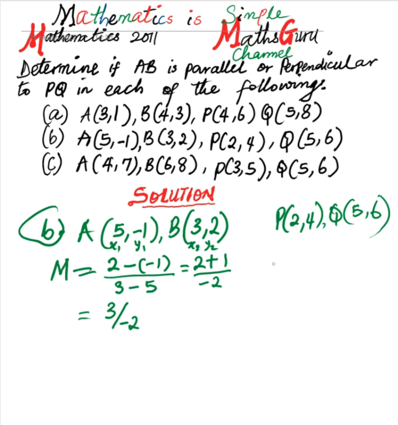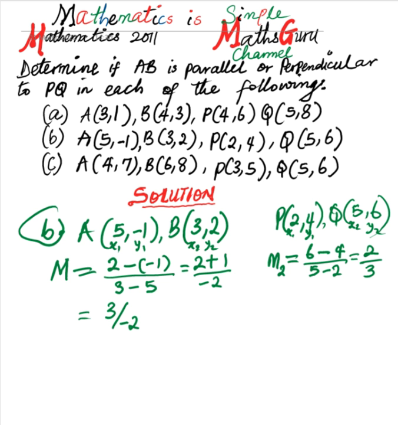Now let's look at the gradient of PQ. We have the gradient to be M2. So we have y2 minus y1 is equal to 6 minus 4 over 5 minus 2. 6 minus 4 is equal to 2, and 5 minus 2 is equal to 3.